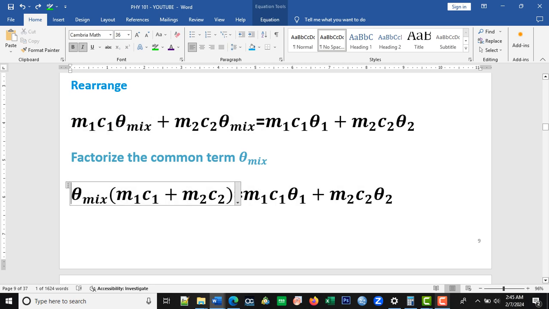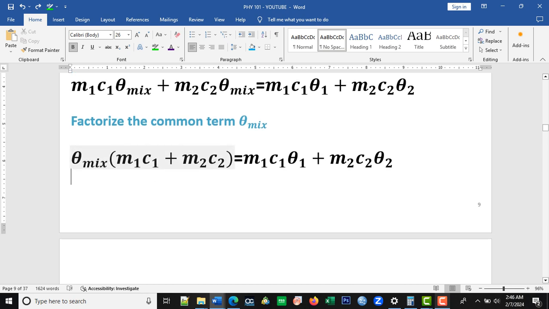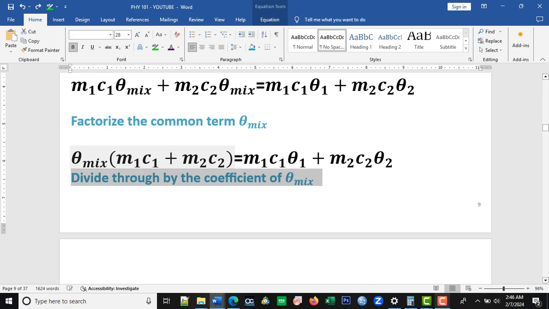And if you multiply θ mix by M2 C2, you will get the previous expression that is up here, M2 C2 θ2. So now at this point, what are we going to do next?